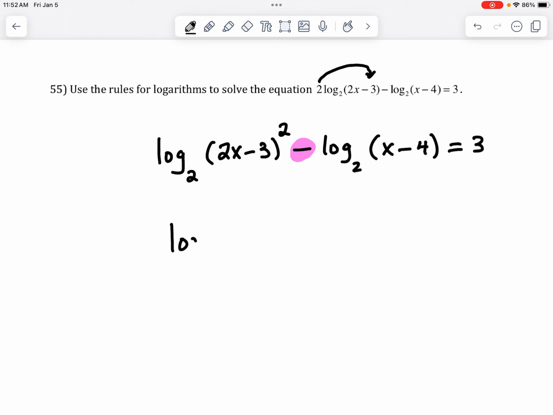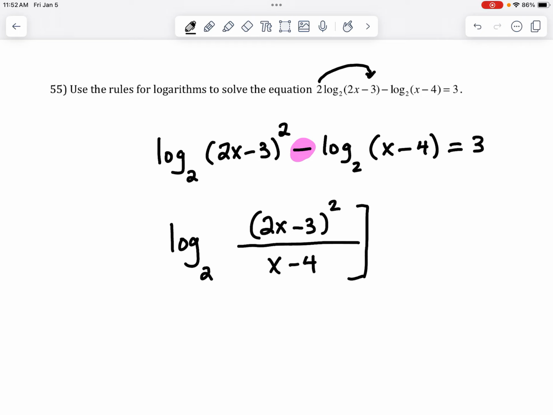So it's going to be a single log base 2, and then divide 2x minus 3 being squared, divided by x minus 4, and then all of this is in the brackets or parentheses, and then it equals 3.